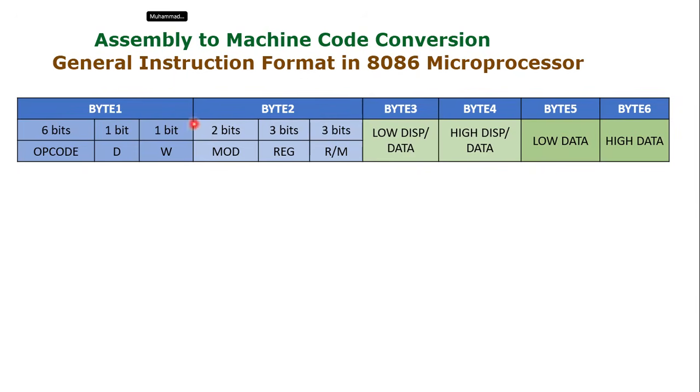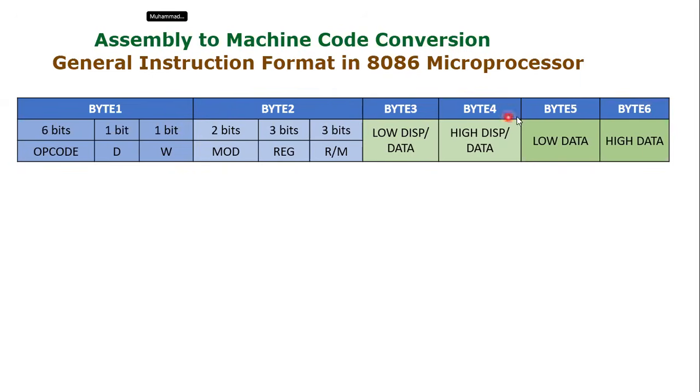Okay, you can see that there are a number of bytes shown. For example, this is byte 1, then this is byte 2, then byte 3, byte 4, byte 5, then byte 6. We have already learned in 8086 architecture that the assembly language instruction sizes are variable in the 8086 microprocessor. They can be of 2 bytes, they can be of 4 bytes, and they can go up to 6 bytes.